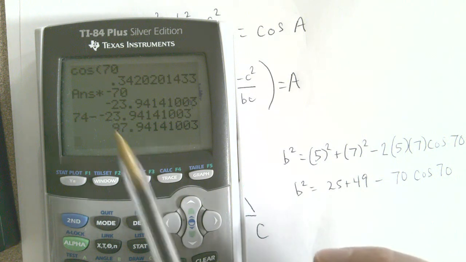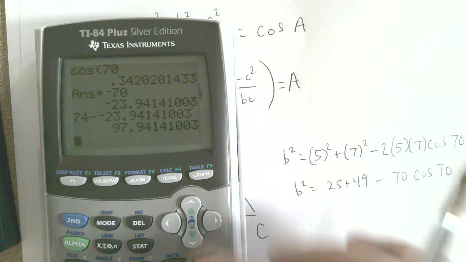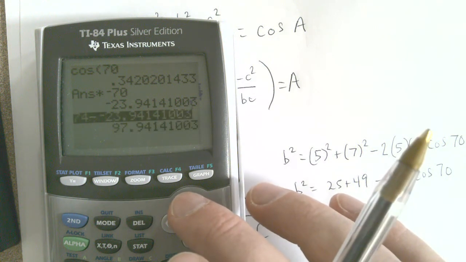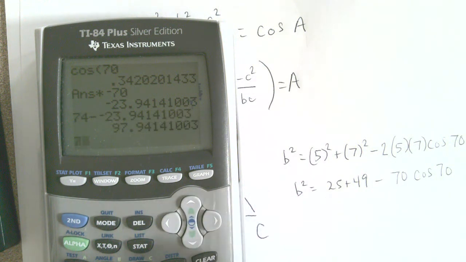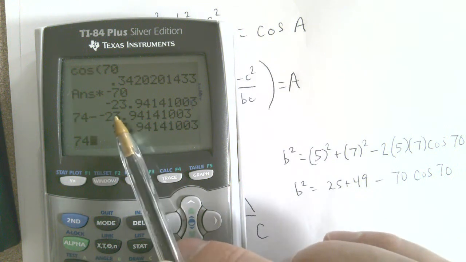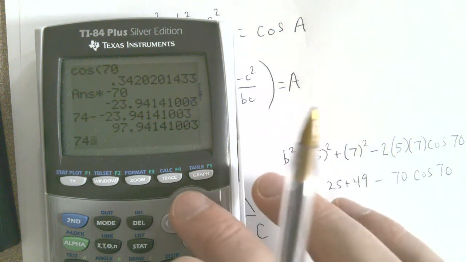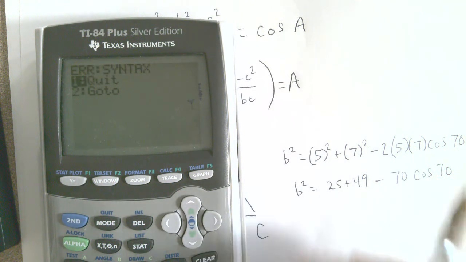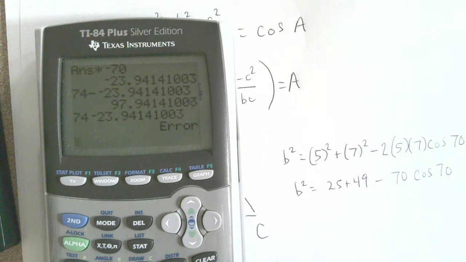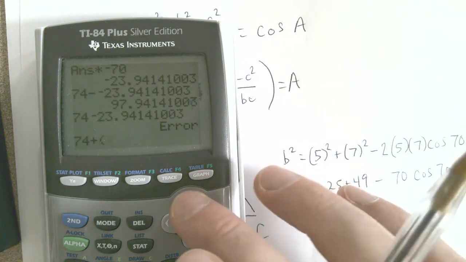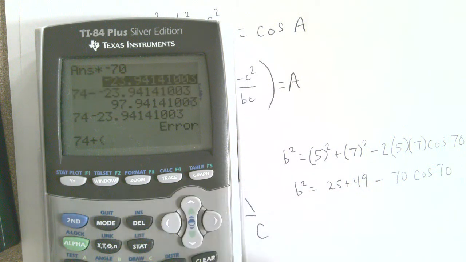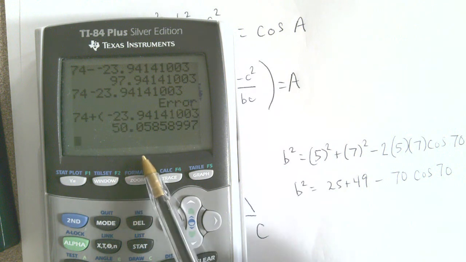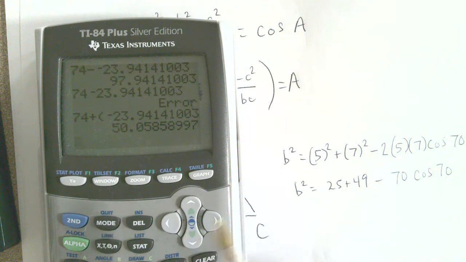Actually, it was already negative, so we didn't want to subtract it there, so I messed that up. Let me go back up and retype it: 74 plus, and I'm going to put it in parentheses, and hit enter. That gives us b squared is 50.058.